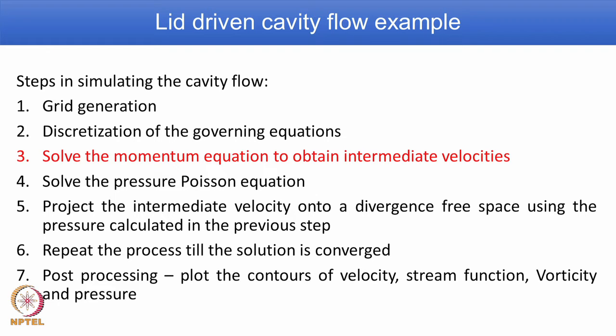Step 1, grid generation, then discretization of the governing equation, solving the momentum equation to obtain intermediate velocities, solving the pressure Poisson equation, then projecting the intermediate velocity onto a divergence free space using the pressure obtained through the pressure Poisson equation, and repeating the above steps until convergence is ensured.